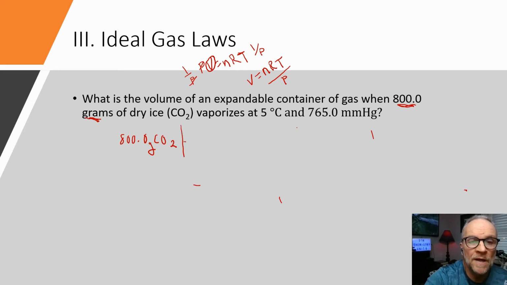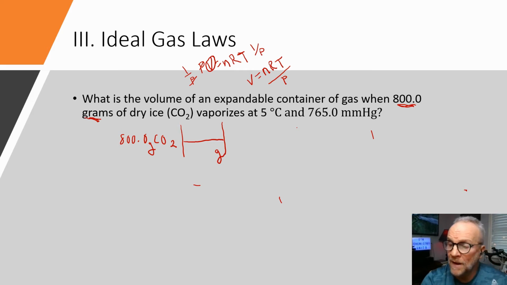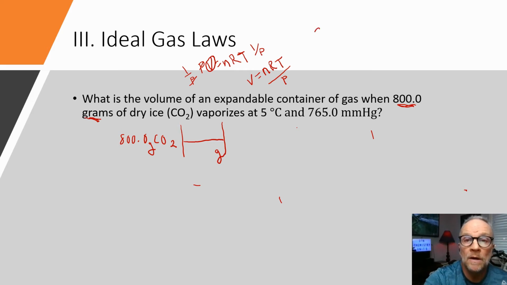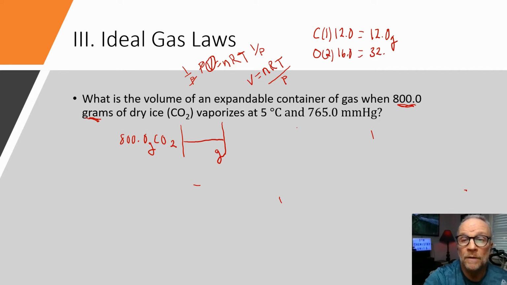To change that into moles, we look at the periodic table and the molar masses of carbon dioxide. There's 1 mole of carbon at 12 grams per mole, which gives us 12 grams total. Then we have 2 moles of oxygen at 16 grams per mole, which gives us 32 grams.